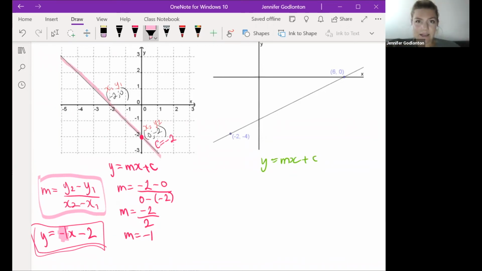It is a descending graph, and because it's a descending graph, our gradient has to be negative. We don't know necessarily that our 1 is right, but we know that it's negative, which is helpful. Our c is -2. We can see it goes through at -2, so we can feel quite confident that this is good. So our equation for that pink graph is y equals -1x minus 2.